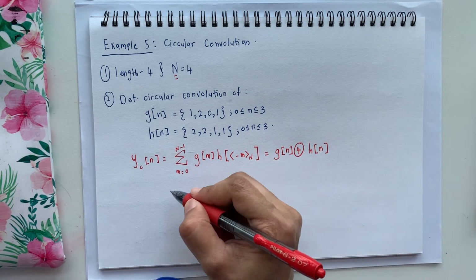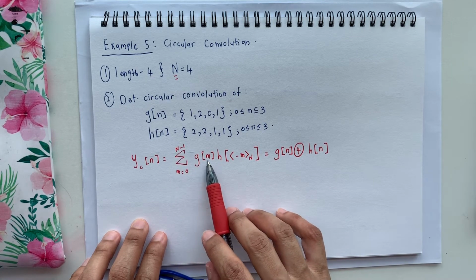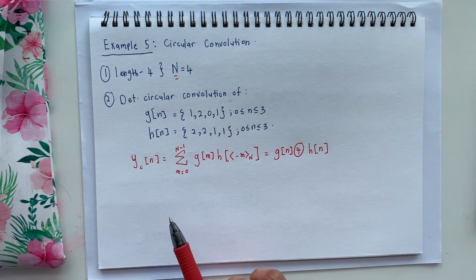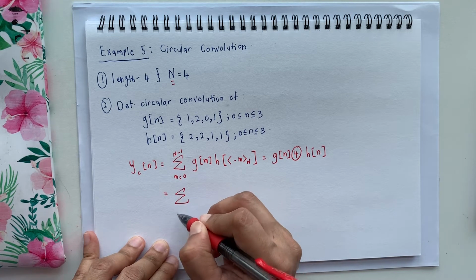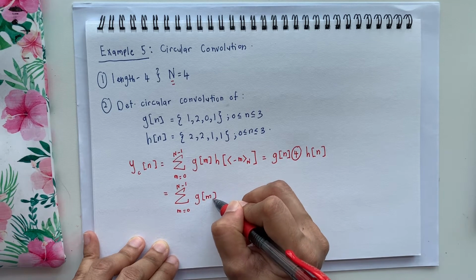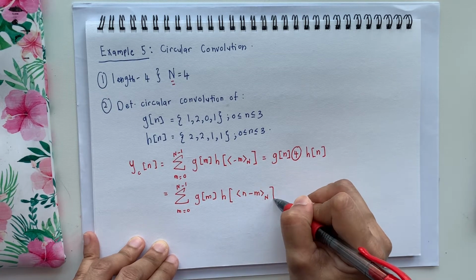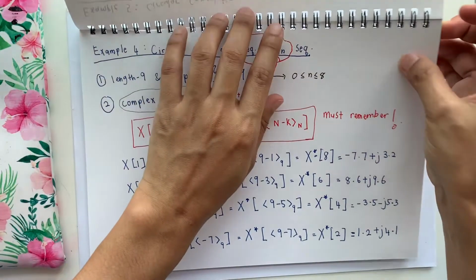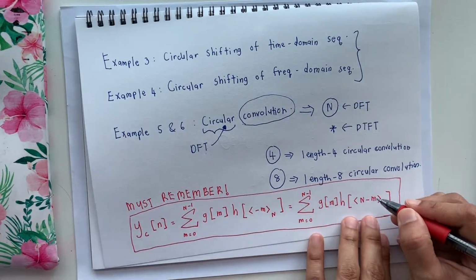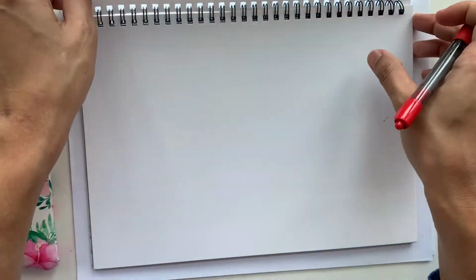This is equal to the summation m equal to 0 to N minus 1, G m H of n minus m. I repeat, G m H n minus m. Just now, please correct your notes. It is not capital N, it is small n, n minus m.